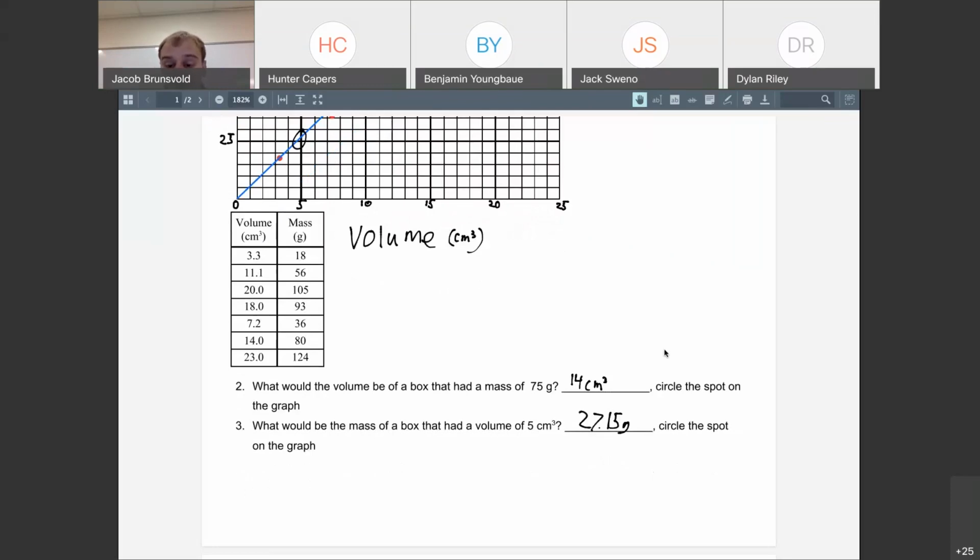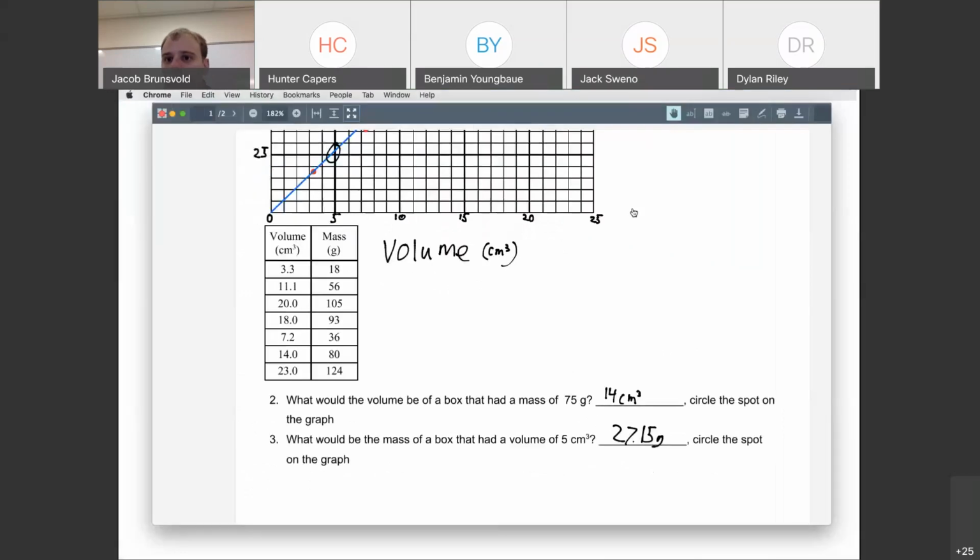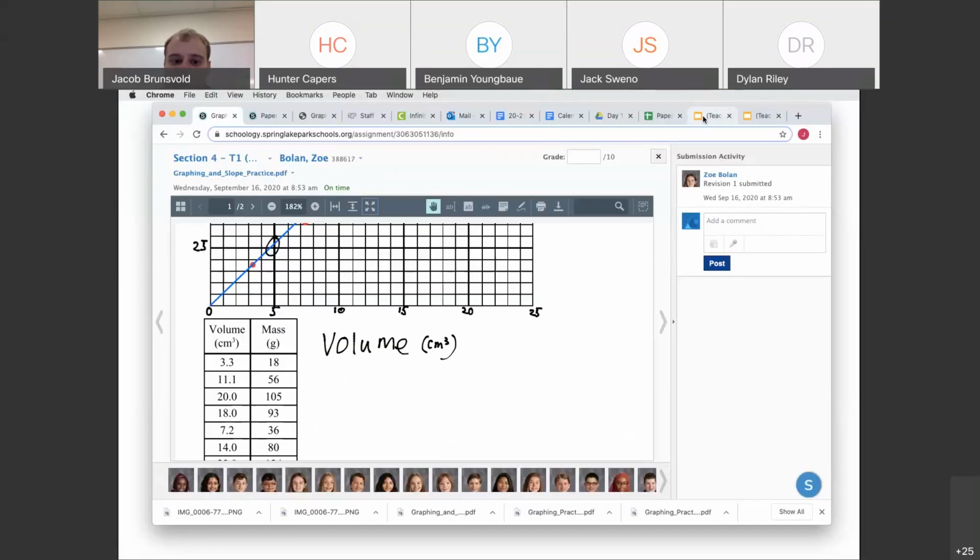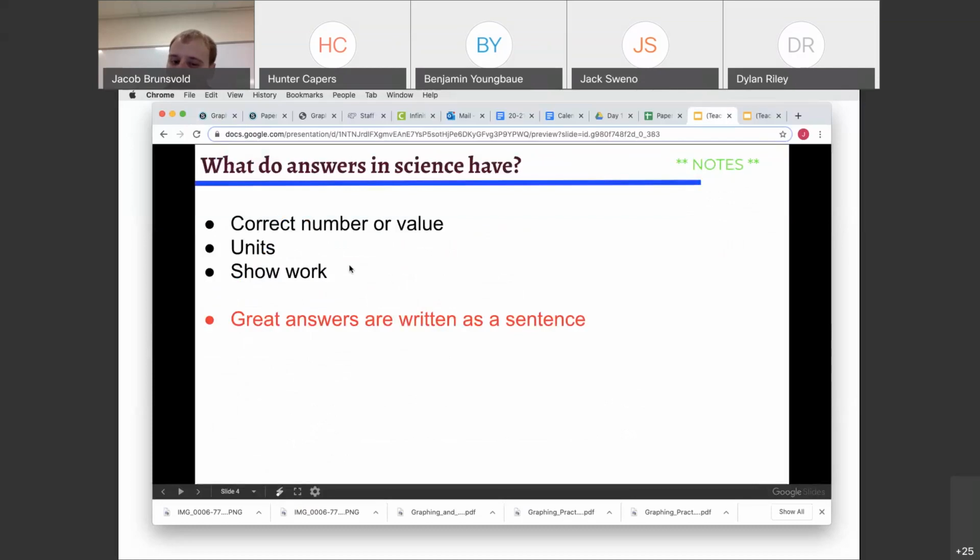So other things that Zoe did well, used units on your answers. I love that. And then there's not really room to write it as a sentence here, but when I give you a blank spot to answer a question, great answers are written as a sentence. And the reason why is because that's going to help you when it comes to writing your conclusions and your discussion questions when we get to those.